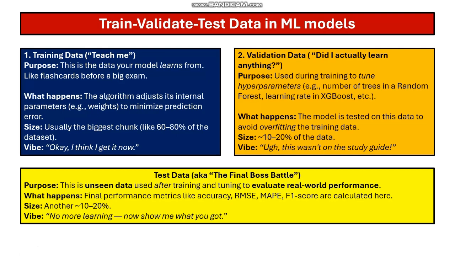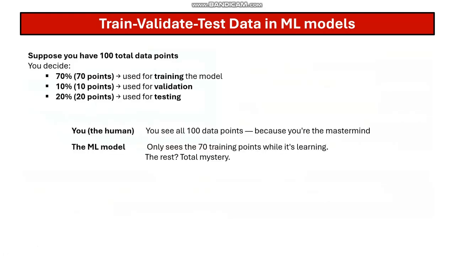So this is just an overview, but let's get into much simpler stuff, which is going to make everything clear. Suppose you have 100 data points. You as a human being, or as the trainer or teacher, know all the 100 data points because you're the mastermind.